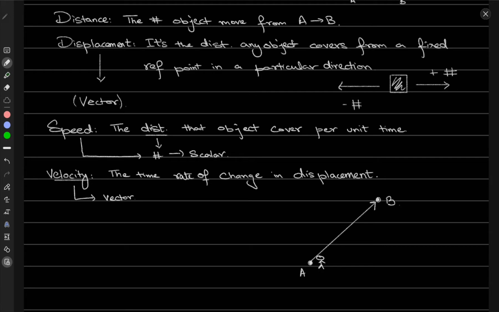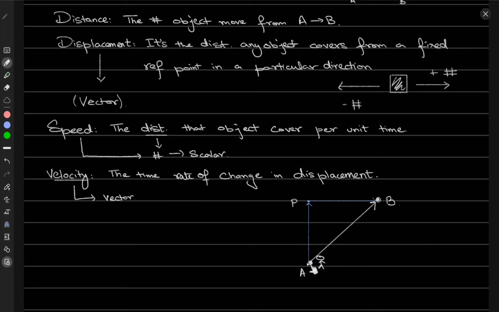Now you could have also done this. You could have taken this route and come to this point, let's call it some point P, and then you could have reached point B. Let me use a different color for this. So let's draw this with blue.